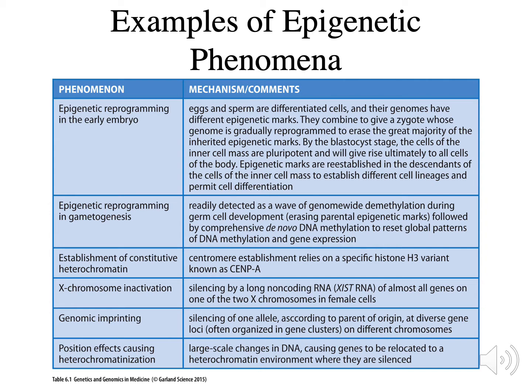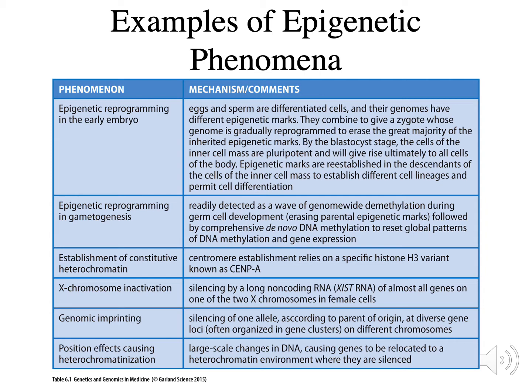We'll talk a little bit more later about that. That's an interesting phenomenon, and it is an example of an epigenetic phenomenon. There are modifications that occur either at the nucleosome level or at the DNA level that silence that extra X chromosome that females have.